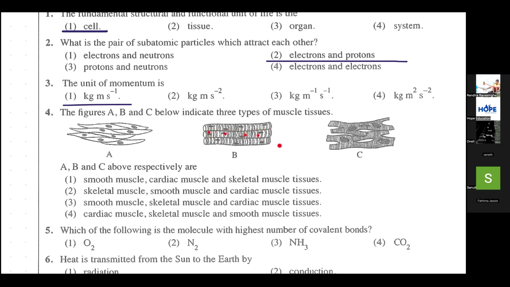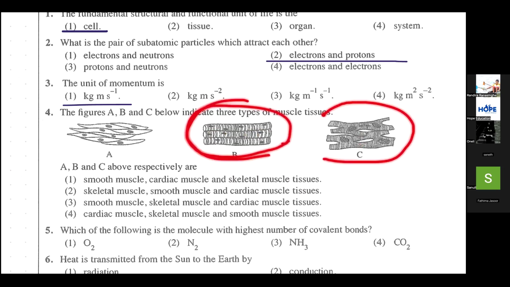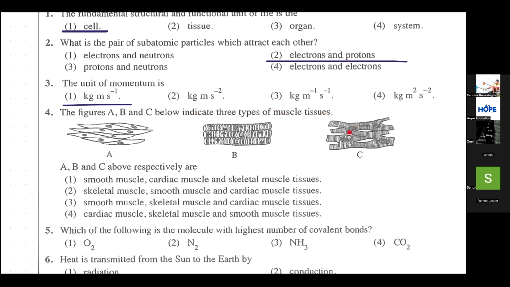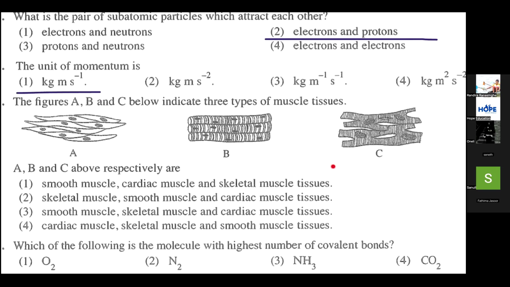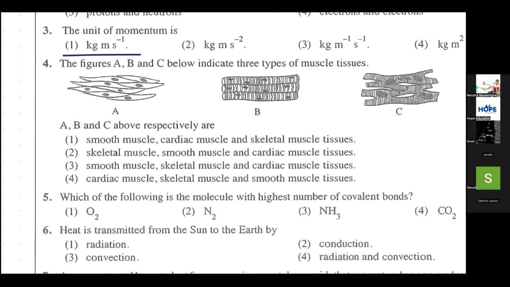So this is a skeletal muscle tissue and unbranched. But cardiac has striations, they are uninucleate and they are branched. The intercalated discs are not clearly visible here, but it's branched, so we can identify it. Smooth, skeletal and cardiac is the answer.